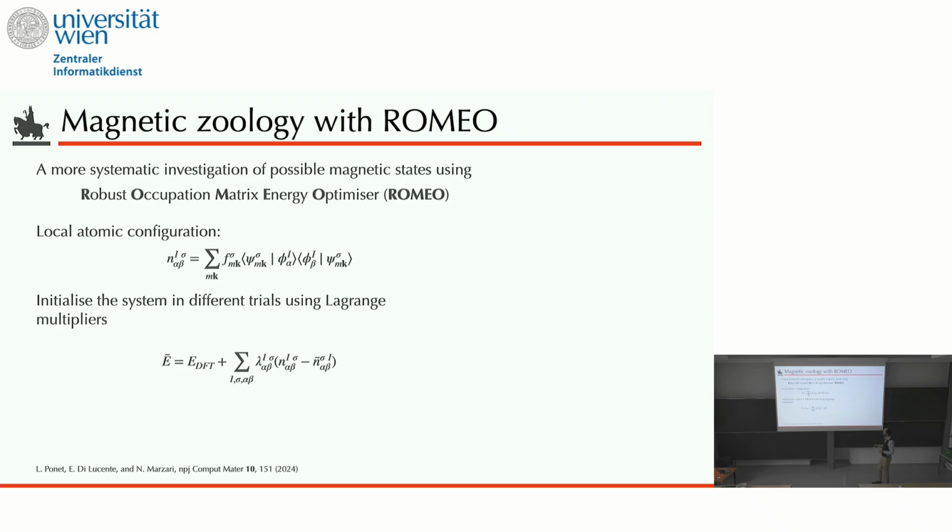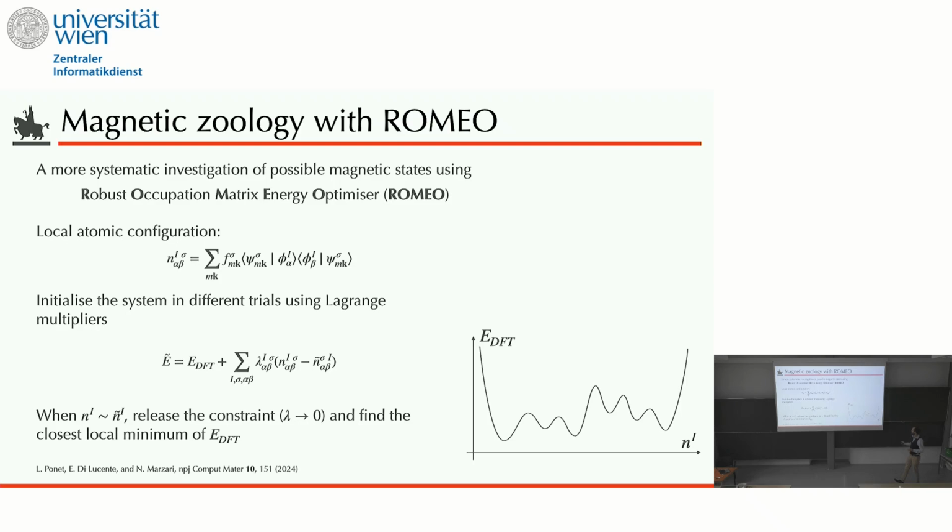And what we can do is try different guesses for a reference configuration of the density matrix and run the system with this constraint, so that after some iterations, our density matrix will be almost equal to our reference one, and then release the constraint to find the closest local minimum of the DFT itself.